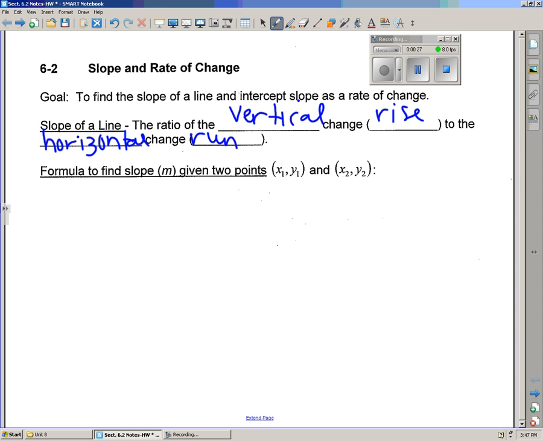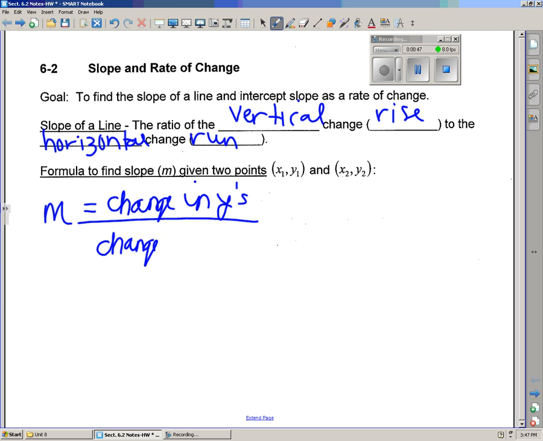So if you're needing to find the slope, which we call m for some reason, given 2 points, you really want to find the change in the y's over the change in the x's, the vertical rise over the horizontal run. So your slope is really the change in y's over the change in x's, and change meaning difference.